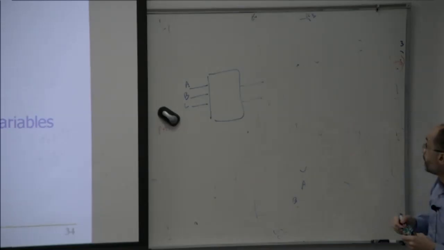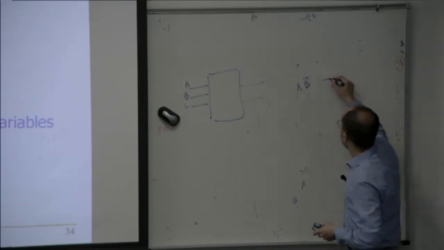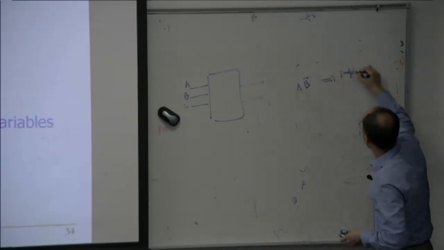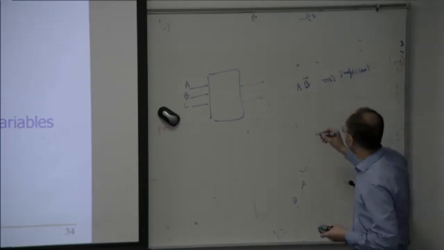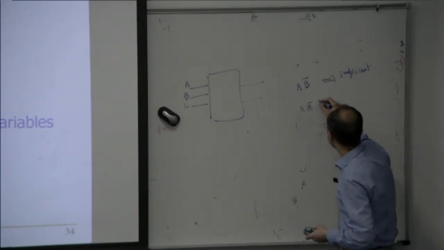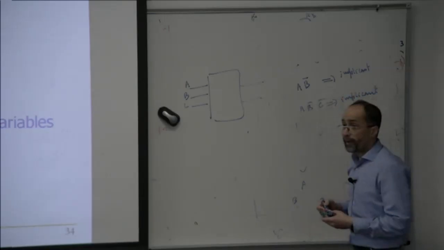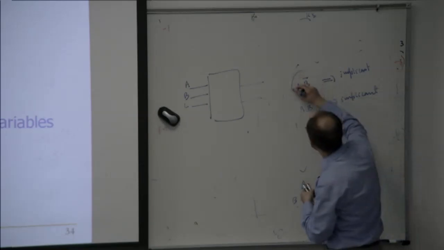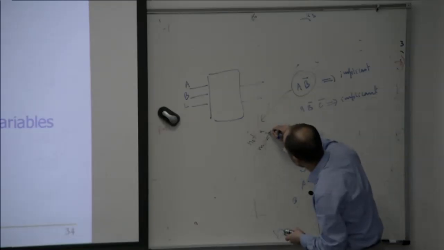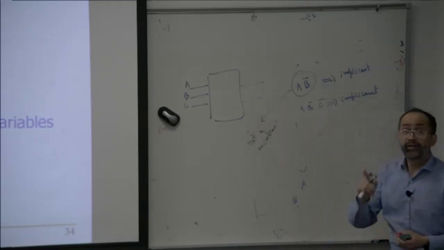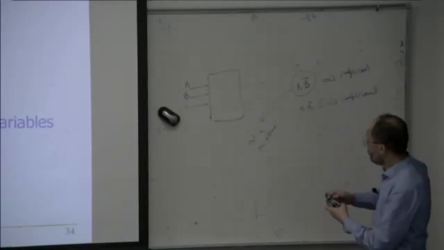There are 3 variables. For these 3 variables, a b bar c bar is an implicant, but a b bar is not a min term. Why is it not a min term? Because it excludes c.